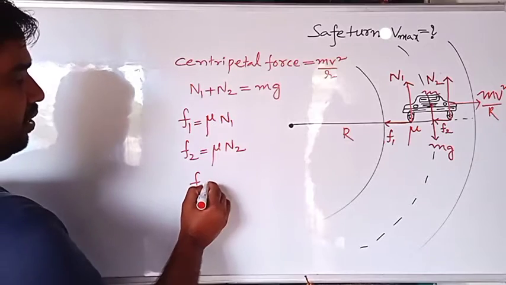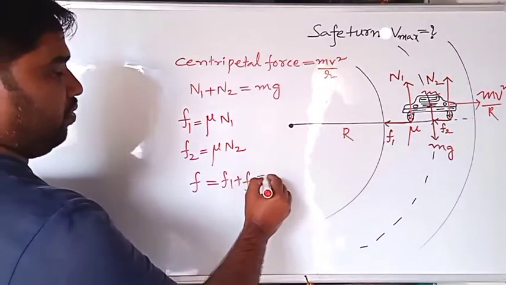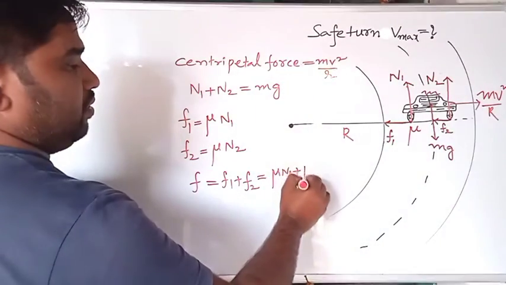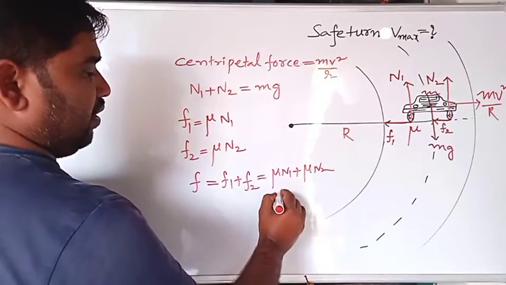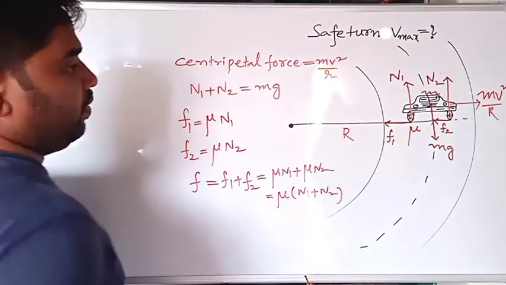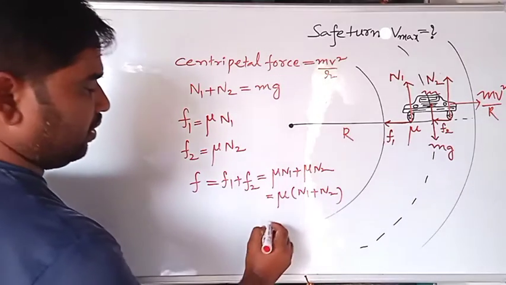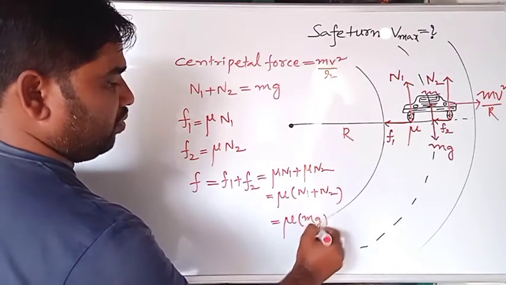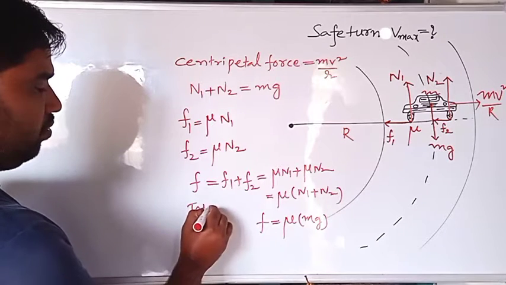F equals F1 plus F2. Here mu N1 plus mu N2. From this take mu common, N1 plus N2. It gives the total. Here N1 plus N2 equals mg. So mu mg is equal to the total frictional force.